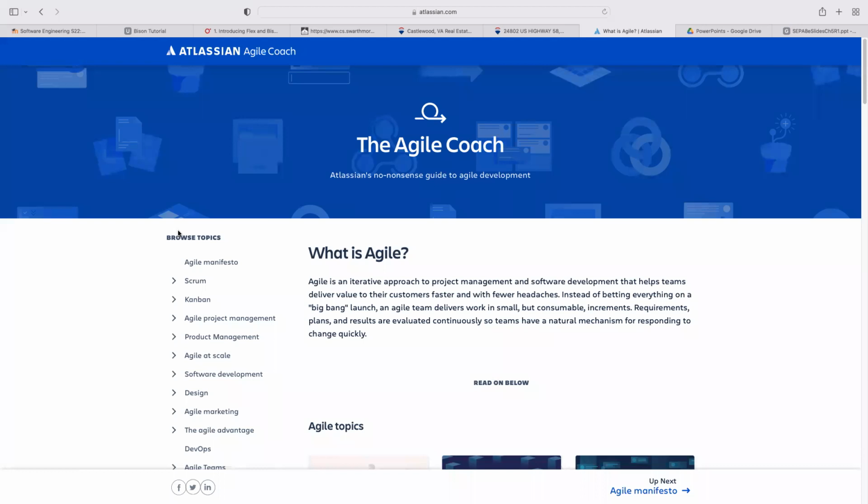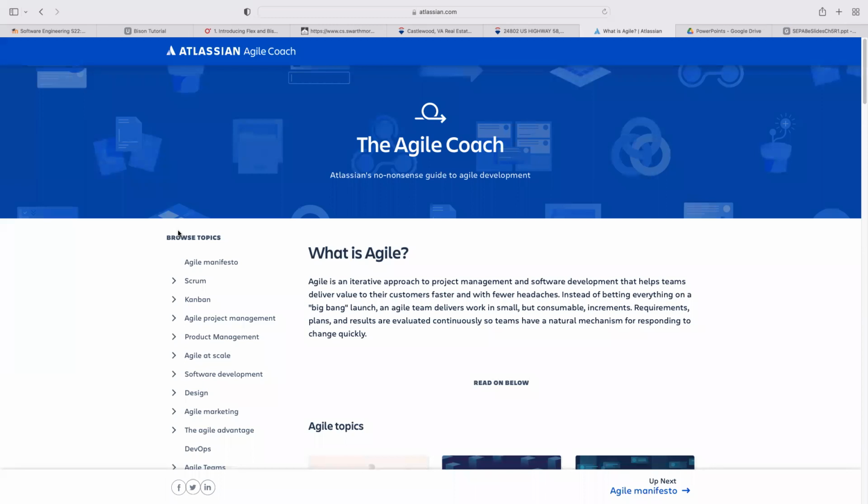I did a quick survey on Facebook of former students who are software engineers, software developers, or programmers, and pretty much to a person, they're all using the Atlassian products. The product we're going to talk about later and use, called Jira, is certainly the number one project management tool currently being used.